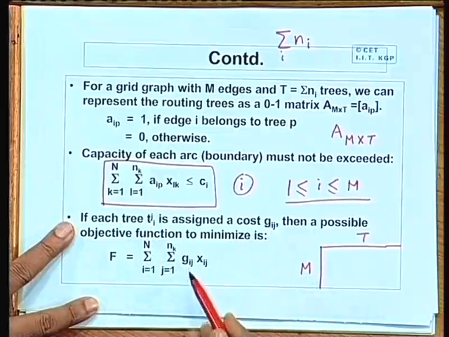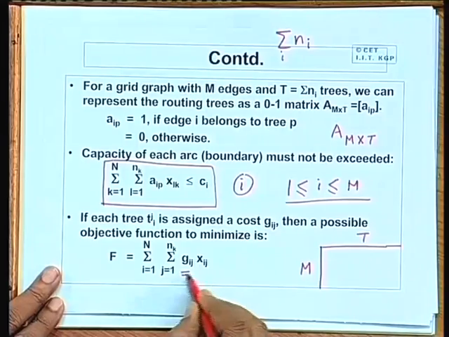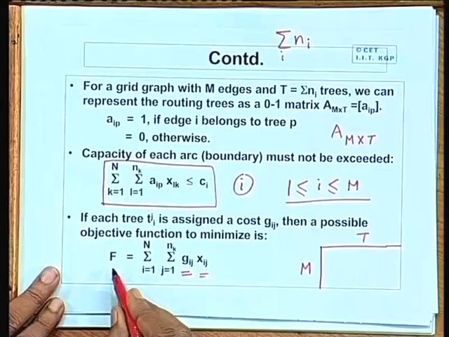And in terms of the objective function, each tree is assigned a cost Gij. The cost you can assign in a number of ways, regarding the number of bends you have, etc. So, there are a number of different ways of estimating the goodness of a tree. If you multiply that with Xij and make a sum total, that will give you the cost function.